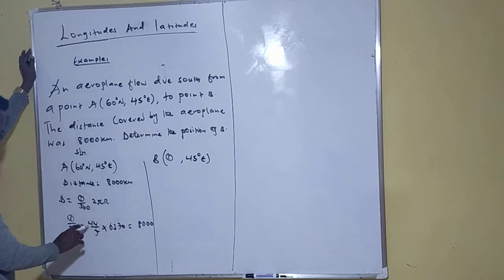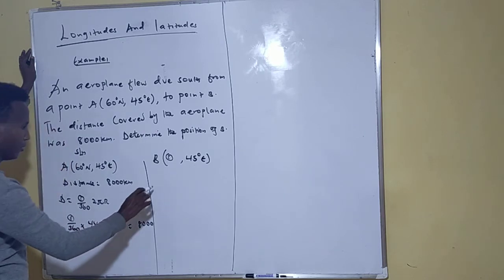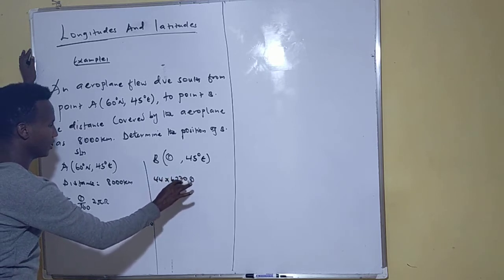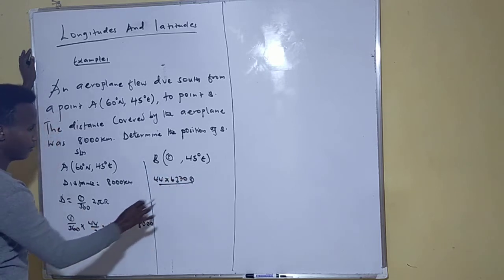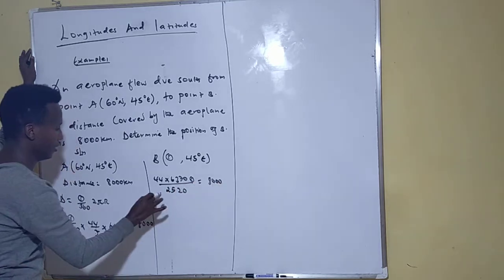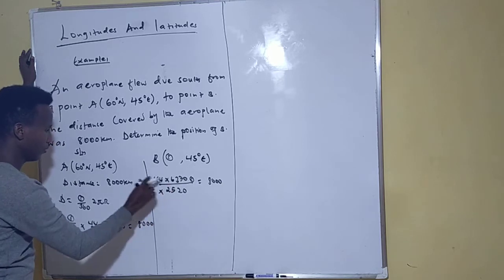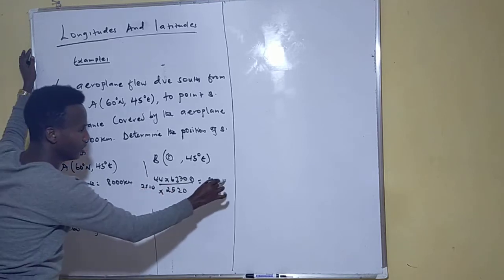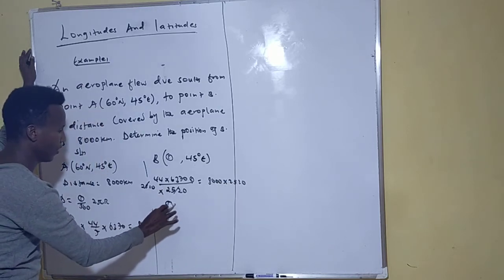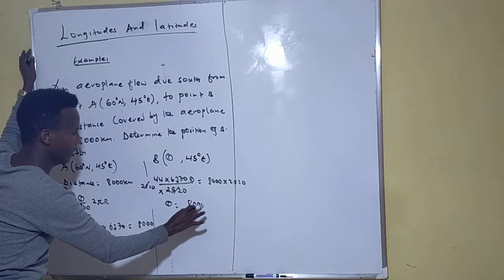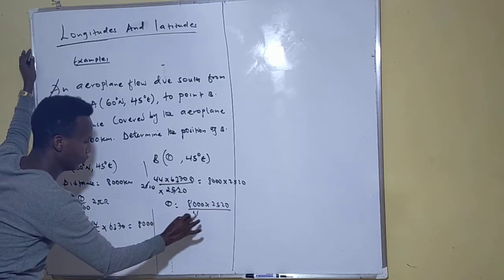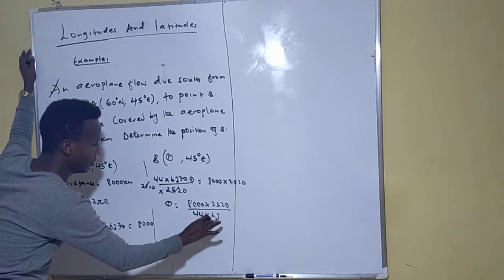So we know that this will be 44 times 6370 times theta over 360 times 7, which is 2520, is equal to 8,000. Times 2520 on both sides. So theta is equal to 8,000 times 2520 divided by 44 times 6370.